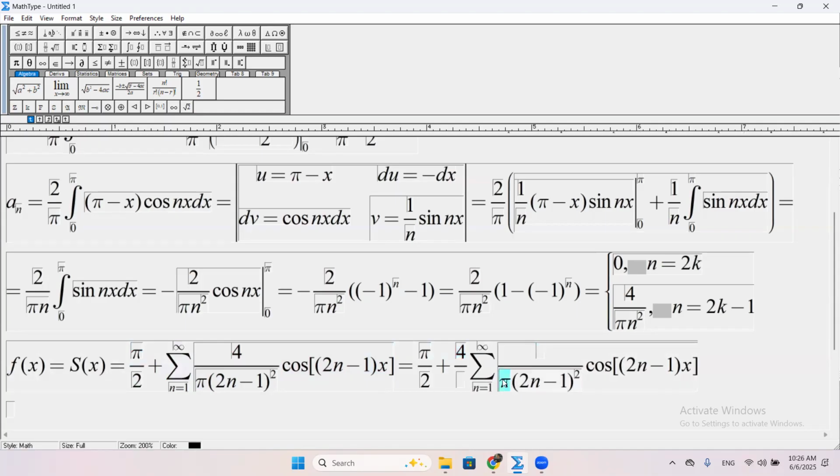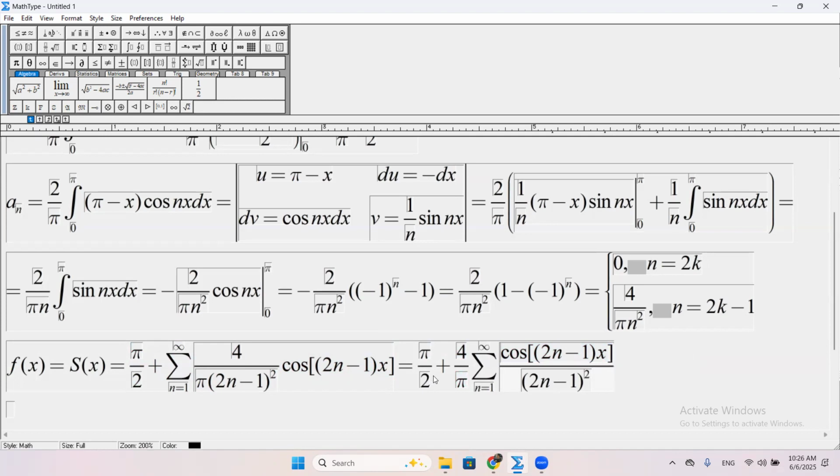Moving constants out of the sum, we will receive the following series. Done with part A. So this is the Fourier expansion in the form of cosines.